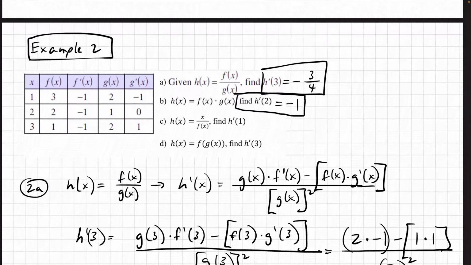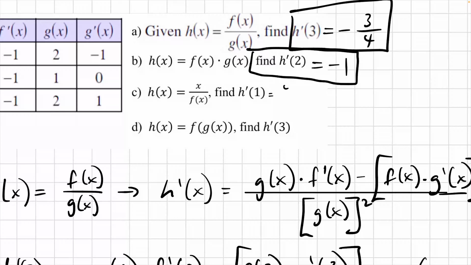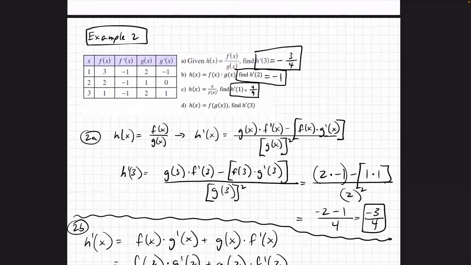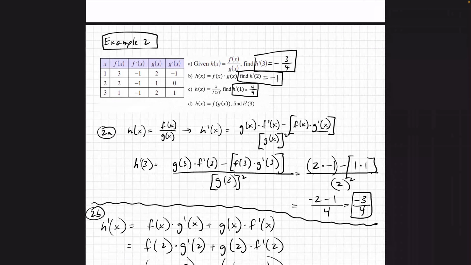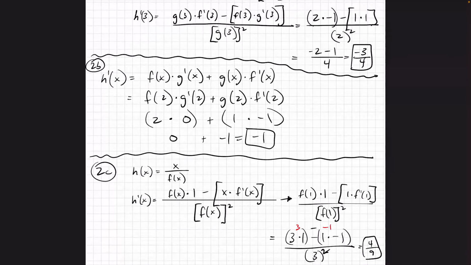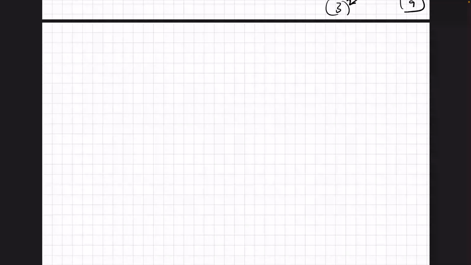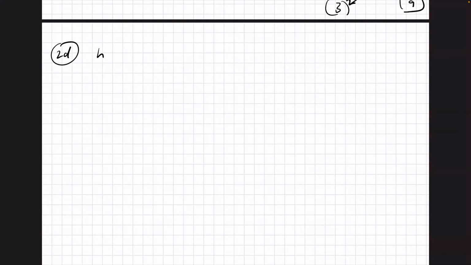Okay. And then the last one's just chain rule. So h of 3. Let's see, 2D. So h prime of x is going to be the derivative of the outside, inside stays the same, times the derivative of the inside. Replace all of the x's with 3's.